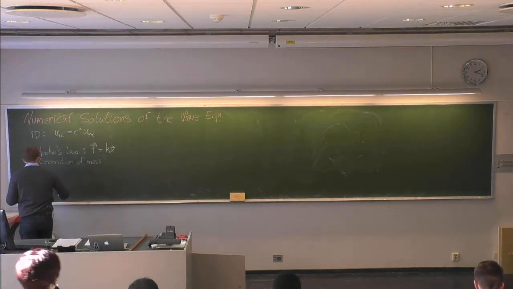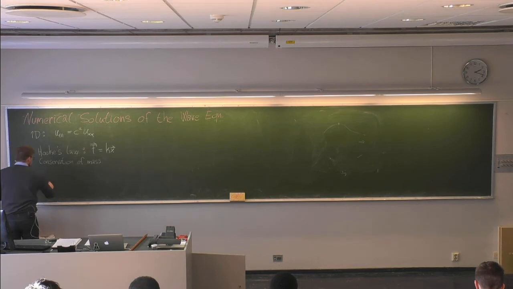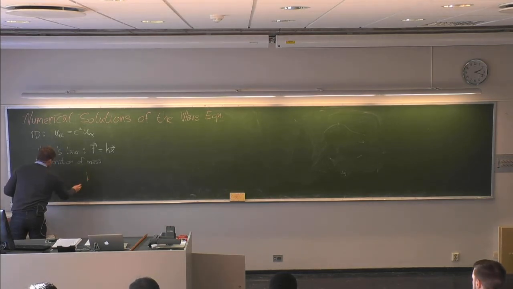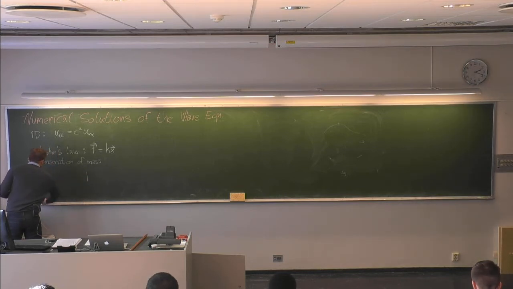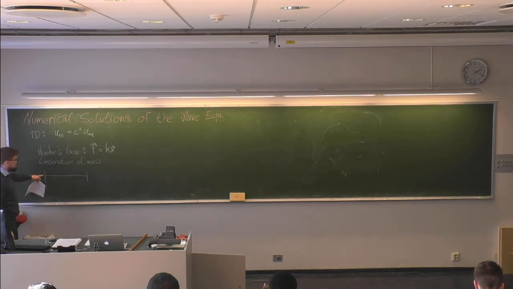So if you first imagine a stretched string, we have one point to the left and one to the right, and then you have your string stretched between these two, like so. So in our example, the endpoints will be stationary, and then the string is left to freely vibrate.